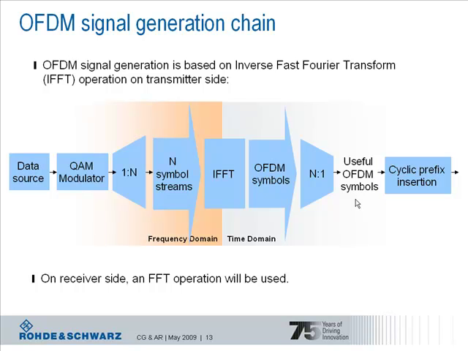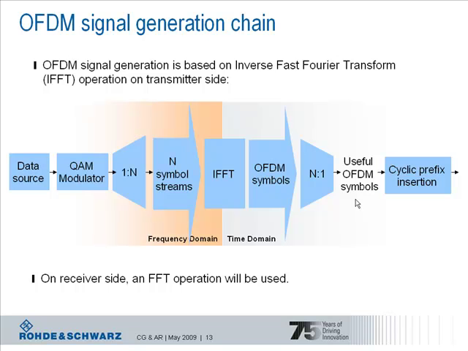So we have a conversion from the frequency to the time domain here, and the OFDM symbols are then transmitted in the time domain of an OFDM signal. To each OFDM symbol, a cyclic prefix is appended as a guard interval to protect from inter-symbol interference. This also means that with a longer cyclic prefix, radio channels with a larger delay spread can be addressed. For example, in a larger cell you would expect a larger delay spread, and therefore a configuration with a longer cyclic prefix would be helpful.